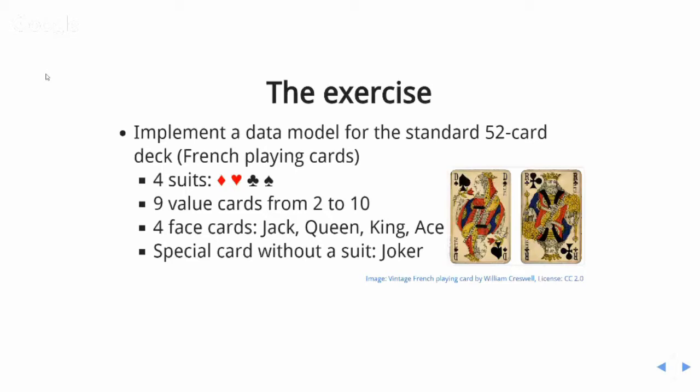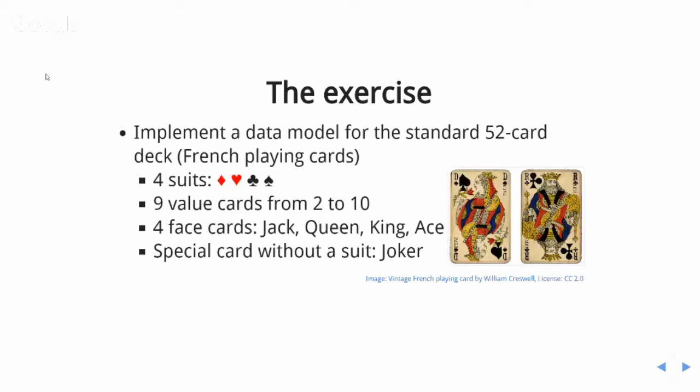Oh, almost everyone. OK. So just very quickly, every card in the deck can have a suit from the four suits. It's either diamonds, clubs, hearts, or spades. And the cards can have either a value on it, a number between 2 and 10, or it can have a face on it, which can be one of the jack, the queen, the king, and the ace.